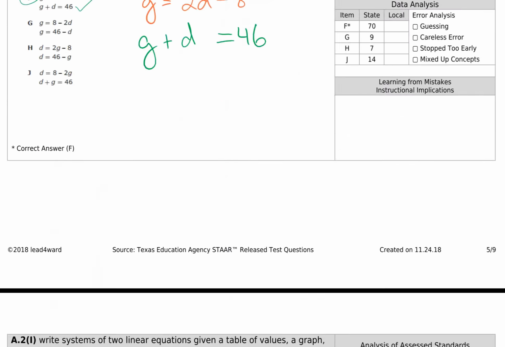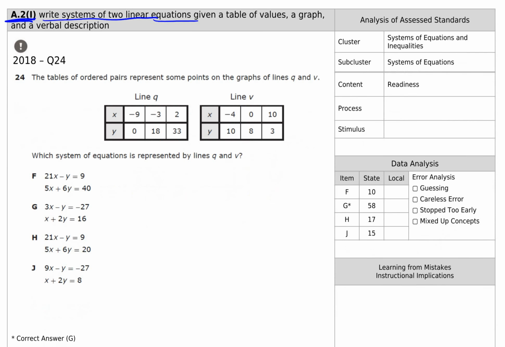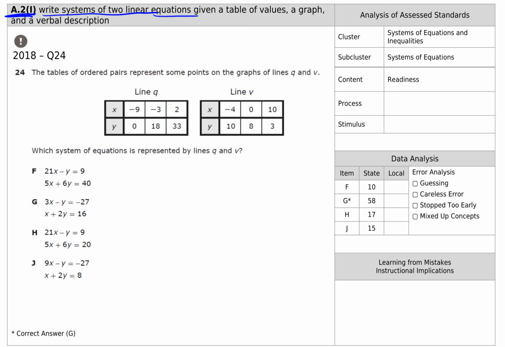Alright, finally, let's do the other type of problem, which is getting equations from tables or graphs. Here we have two equations in each answer choice. We can rearrange these until they're in y equals mx plus b form, and then we can check to see what the slope of the equations are in the tables and see which ones match with these. You could graph it in your calculator.